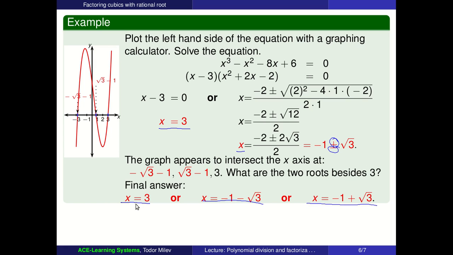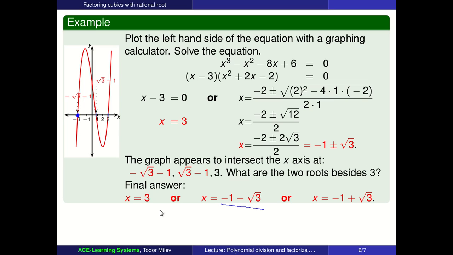So here are our 3 solutions. Now, as you can see, it wouldn't have been very easy to guess that this number here is exactly equal to negative 1 minus radical of 3. That is not something that I could easily eyeball from the graph of this function.